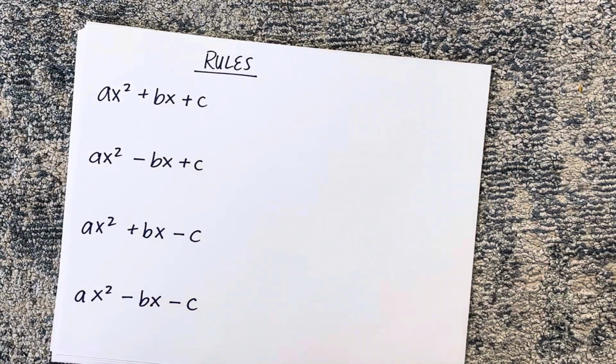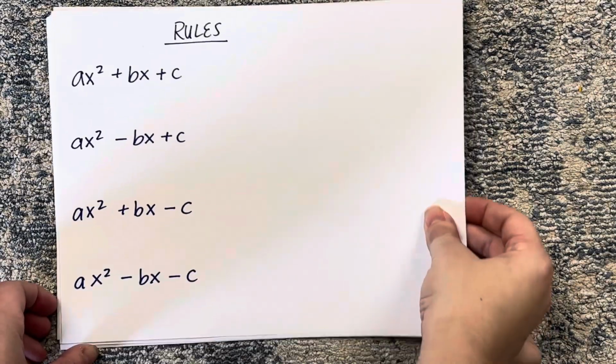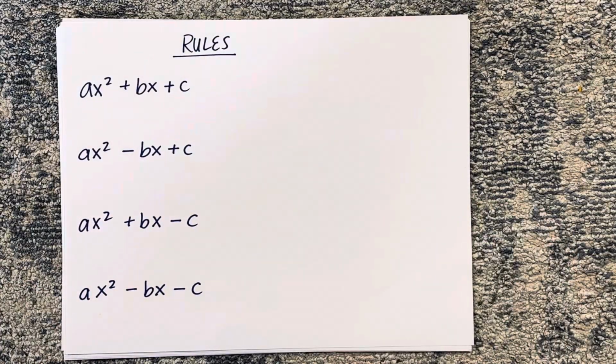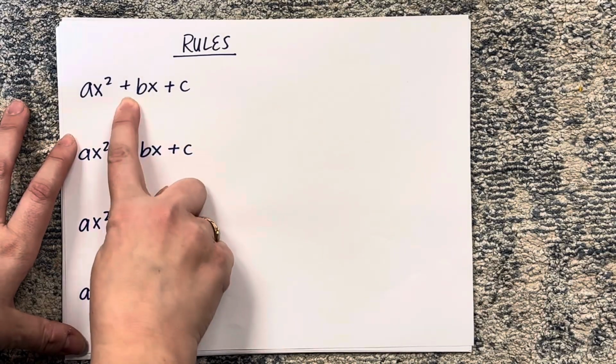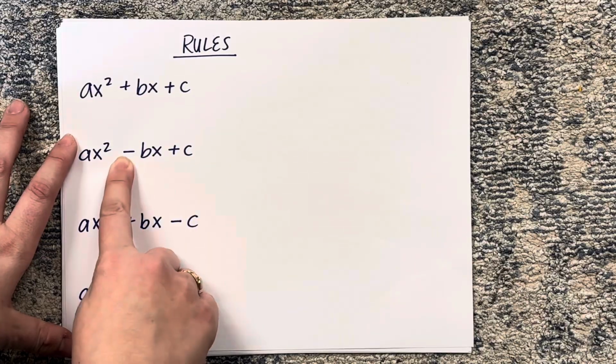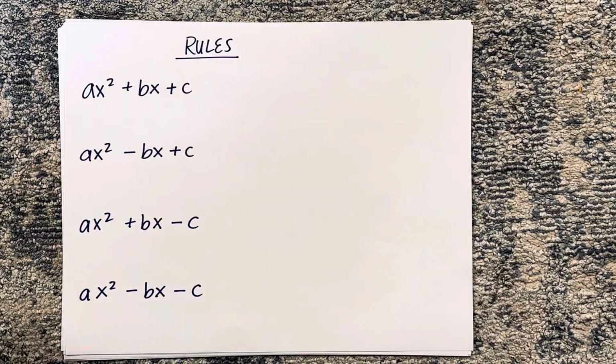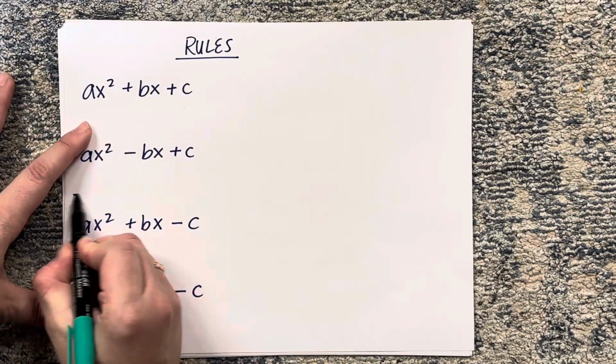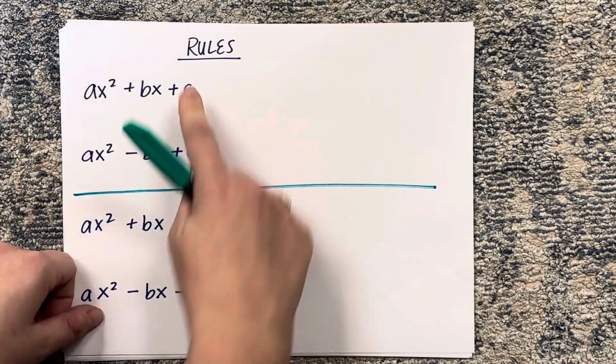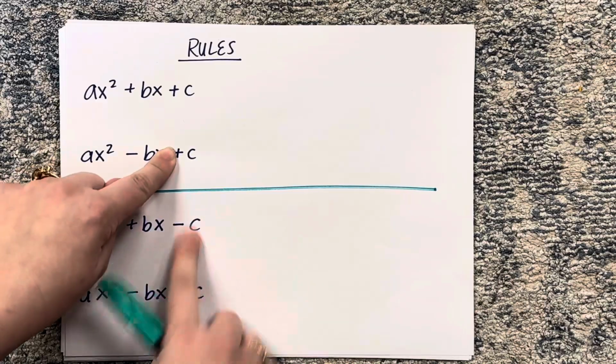All right. So the rules are actually really useful if you just know how to read them, all right? And it just shows you all the different possible combinations of like a positive b, positive c, negative b, positive c, positive, negative, negative, negative, whatever. Here's what you do, okay? You're gonna draw a line right in the middle. You've got positive c versus negative c.